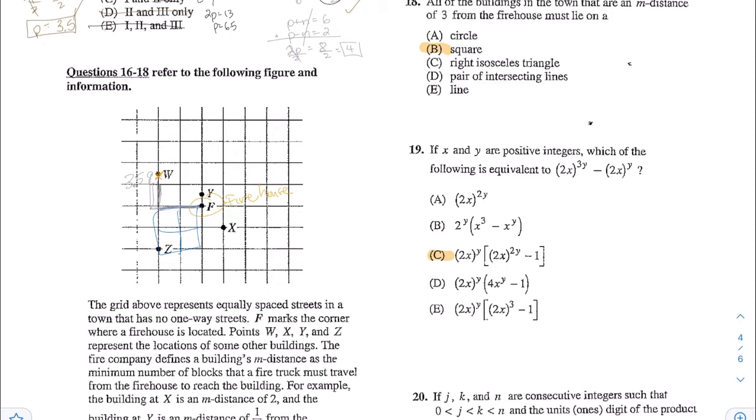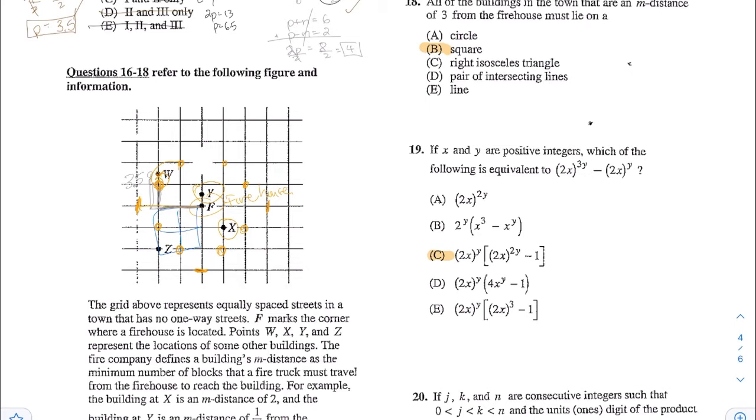So that includes Y, X, and W. So if you want stuff that's only 3 blocks away, if you look at the range of everything with 3 blocks, you form this shape, and you just have to connect the dots.